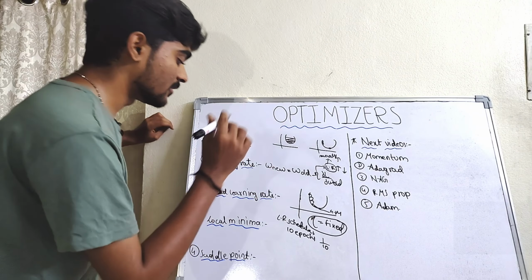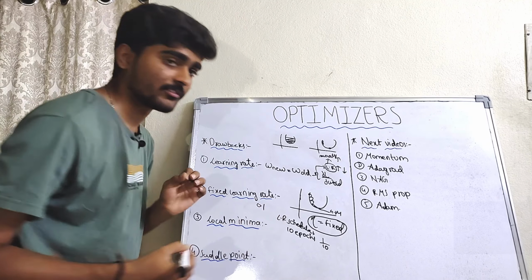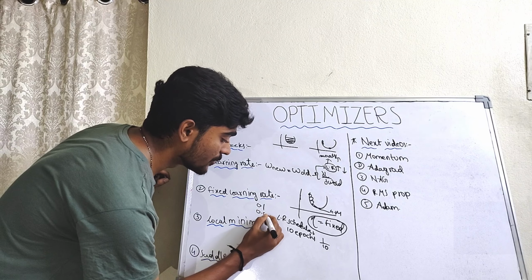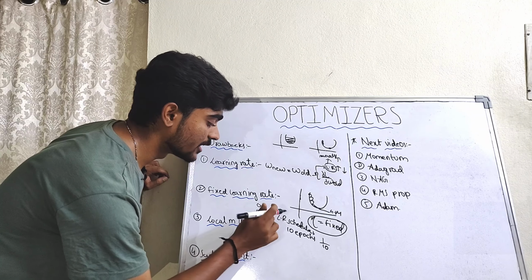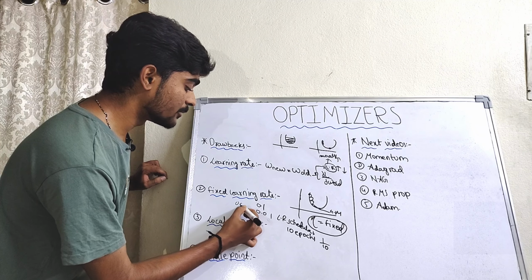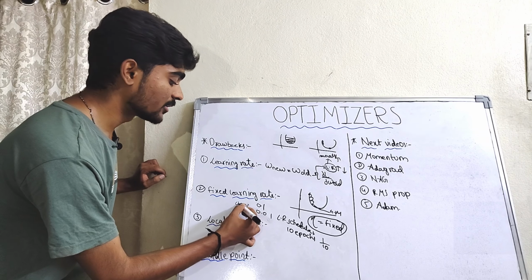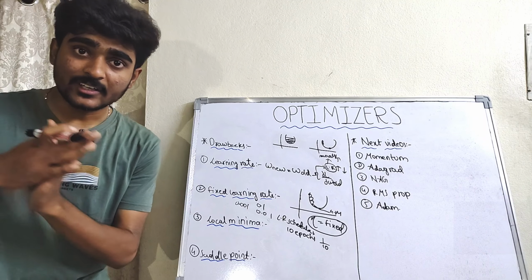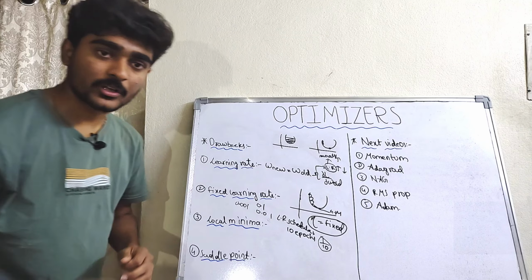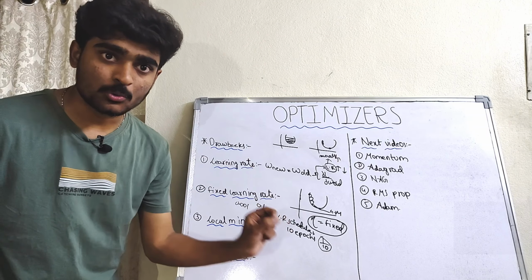Let's say I have set my learning rate as 0.1. After 10 epochs of training, my learning rate becomes 0.01. After another 10 epochs of training, it becomes 0.001. In this way, after every 10 epochs, my learning rate becomes 1/10 times. But even here there is an issue.